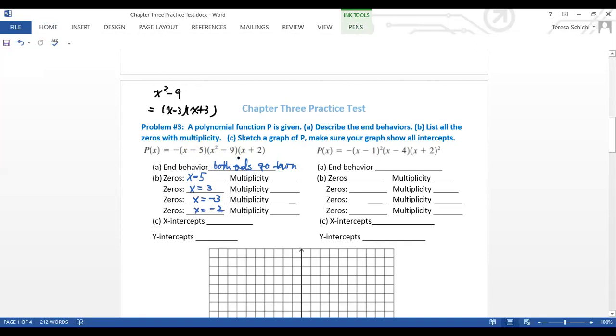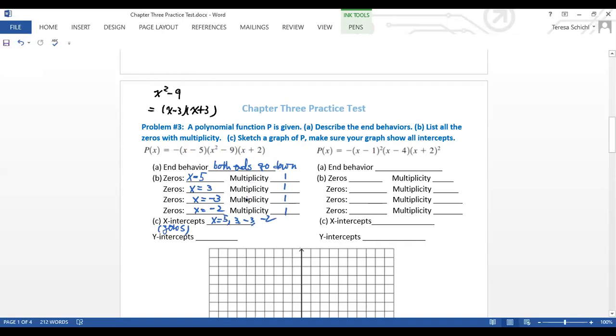Because none of them have a square, the multiplicity of each is 1. So what is the x-intercept? The x-intercept is basically the zeros, because y equals 0. So I have x-intercepts at x equal to 5, 3, negative 3, negative 2.